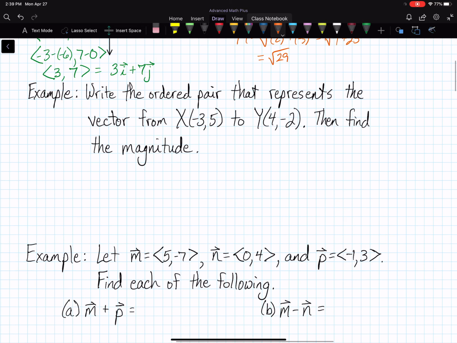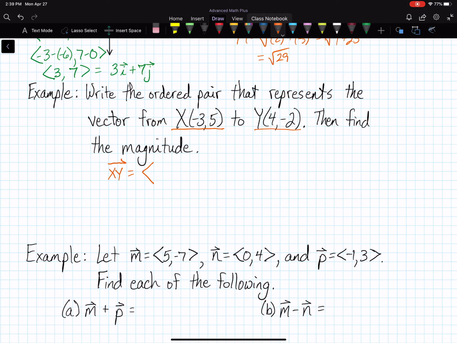This first example says write the ordered pair that represents the vector from x, negative 3, 5 and y, 4, negative 2. Then find the magnitude of the vector. Okay, so we're going from x to y. So we, understand what we're finding. We are finding vector xy. Well, that means x is my first point, y is my second point.